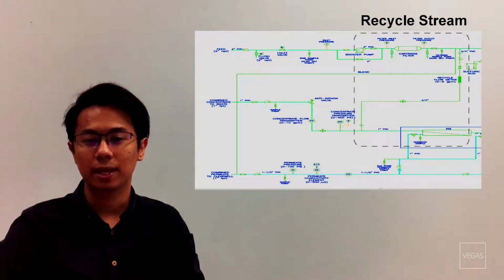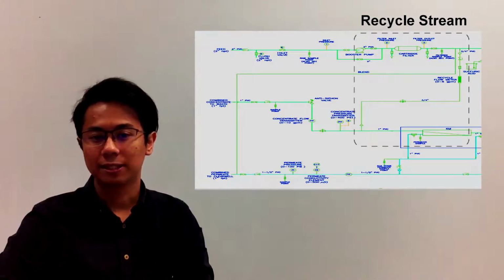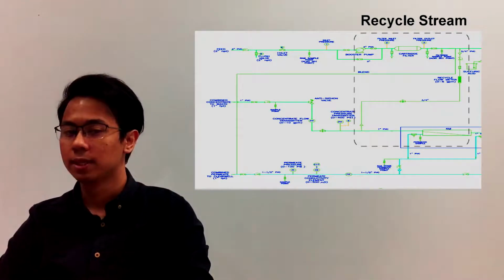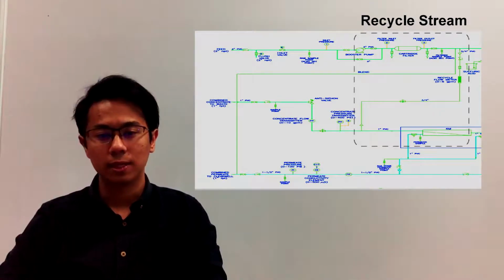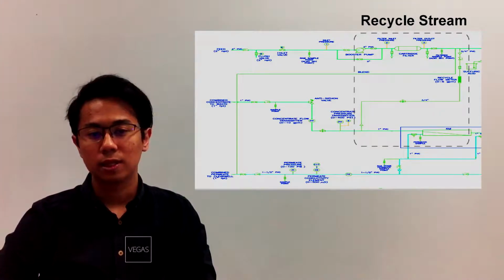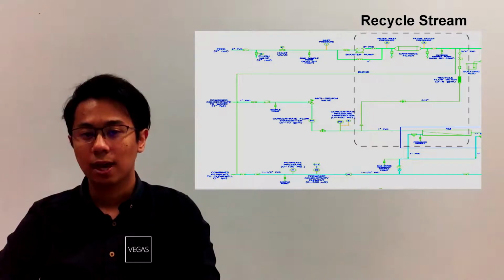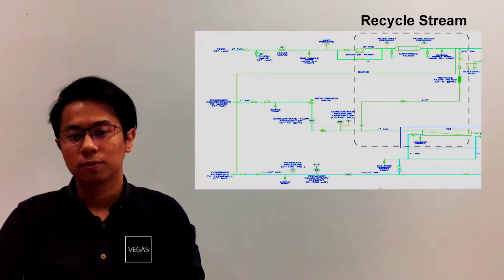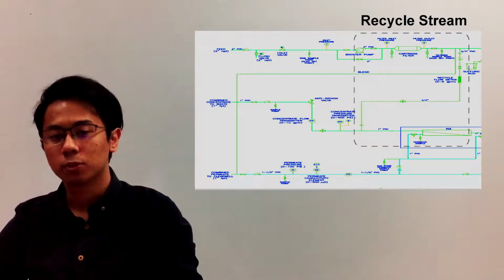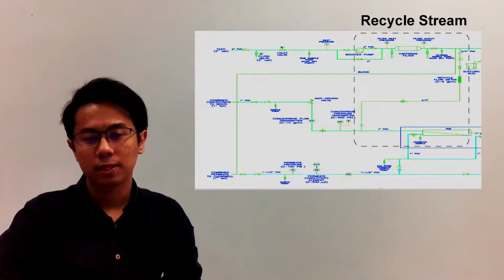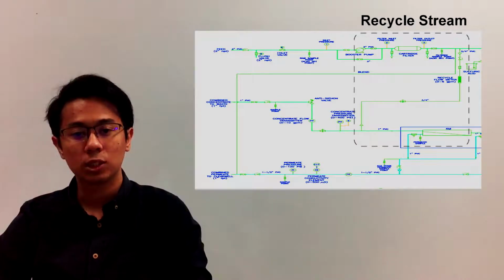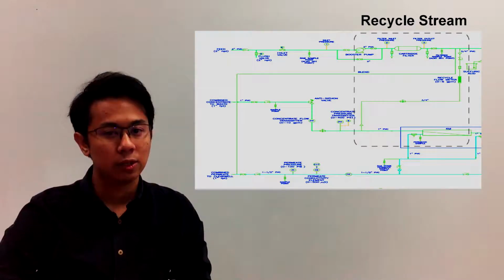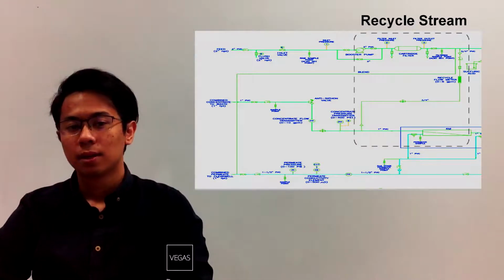Okay. Recycle streams. Some of the concentrate is recovered back into the conditioning system via recycle streams. The main purpose of the recycle stream is to reduce the amount of wastewater being drained out of the system. The recycle stream forms a continuous loop from feed stream to output stream, and this process allows the velocity of water to be maintained across the reverse osmosis membranes.